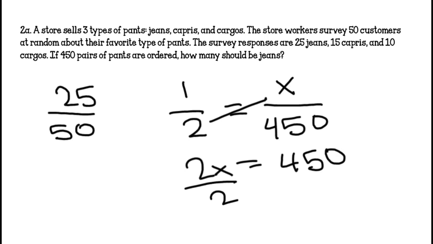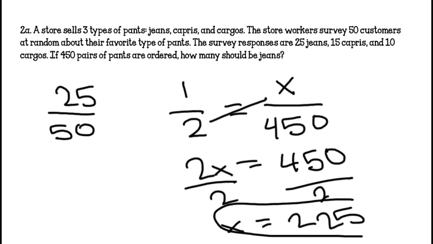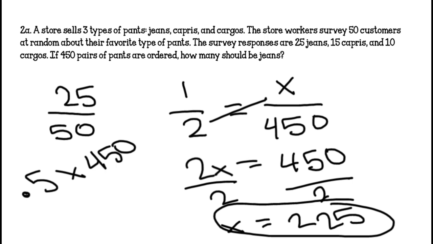Then I divide by 2 on both sides, and x equals 225. I circle it, and that's my answer. There is another way you could do this. You could say that 50% chose jeans, so you do 50% times 450, and that's 225.